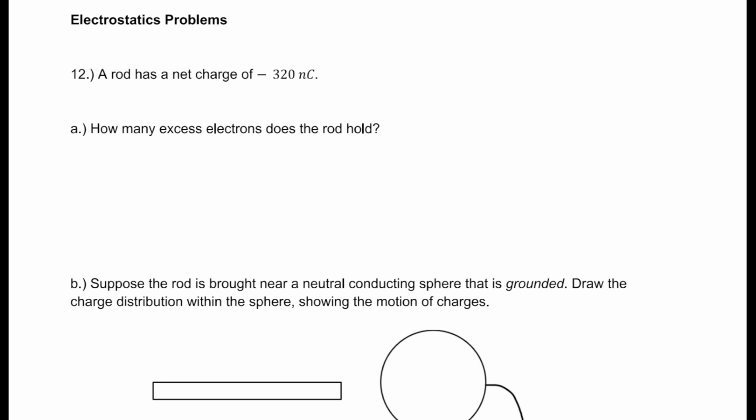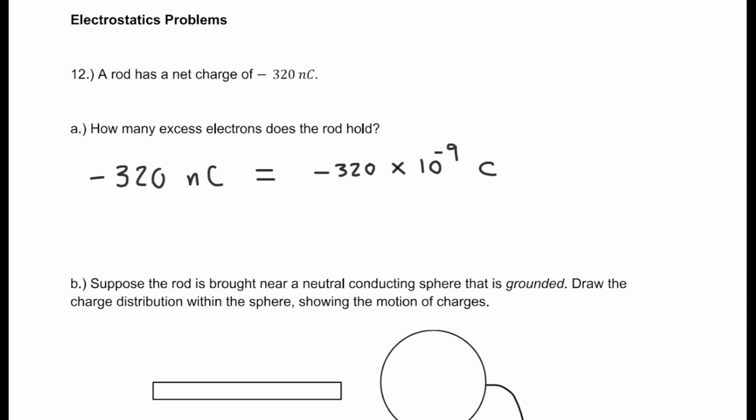So we're given that the net charge is negative 320 nanocoulombs. And again, the prefix nano just means times 10 to the minus 9. So I can just rewrite that as 320 times 10 to the minus 9 coulombs.